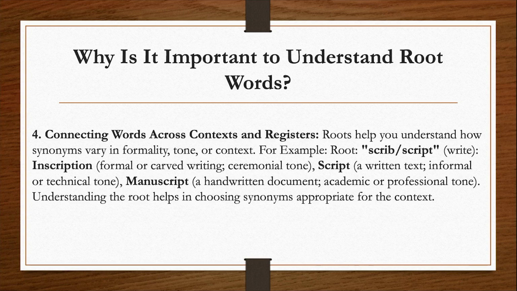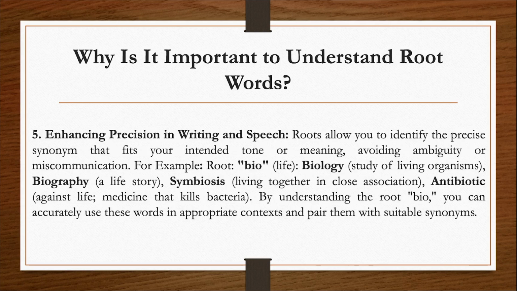Third, manuscript, a written document, academic or professional in tone. Understanding the root helps in choosing synonyms appropriate for the context. So again, connecting words across various contexts and registers. From one particular root, there could be very many words across different contexts.